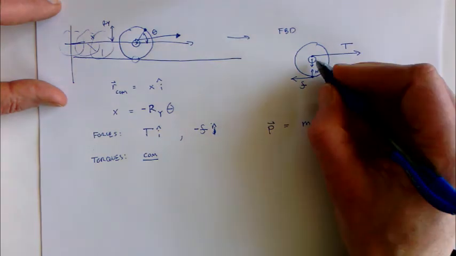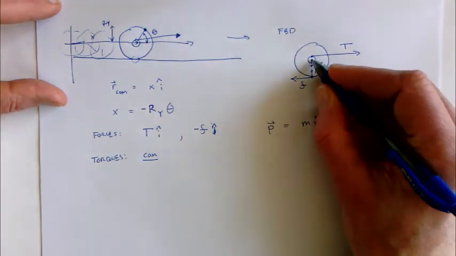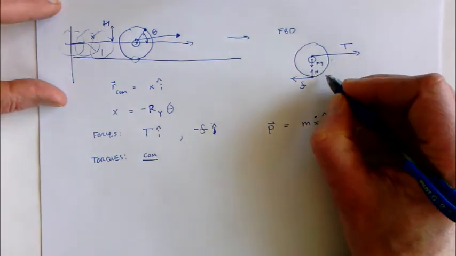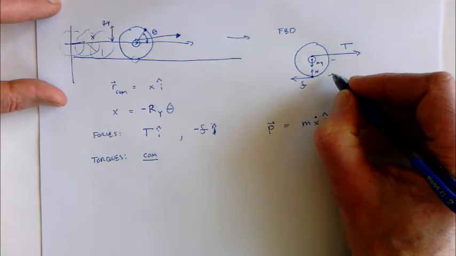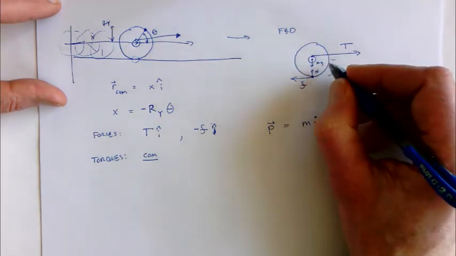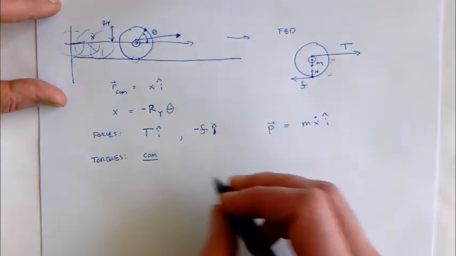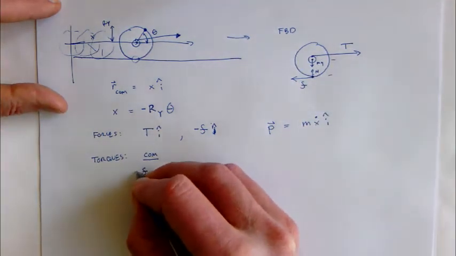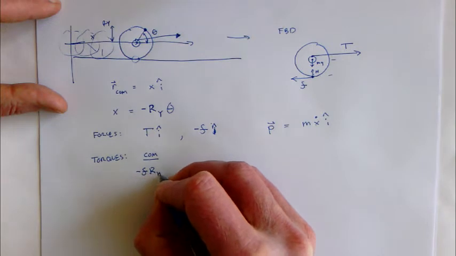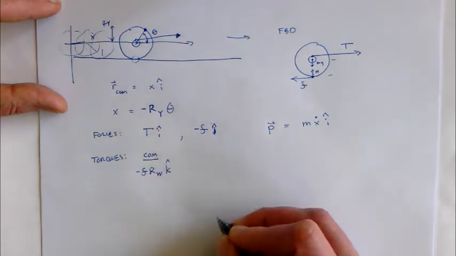If I take my torques about the center of mass, I can see that I'm going to have one torque that's going to be a negative torque, because it tends to make things move clockwise. That's going to be simply F times the radius of the wheel, and I'll say that's in the k-hat direction.